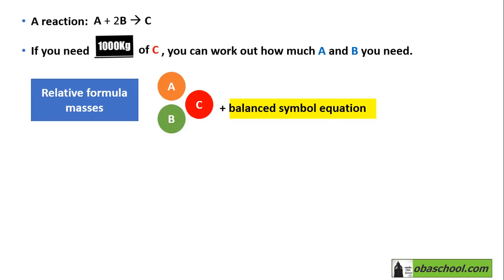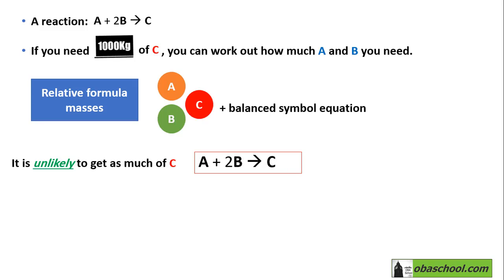If you carry out the reaction, it is unlikely you will get as much of C as you worked out. So, it is unlikely to get the amount of C that you actually calculated. Yes, you can do calculations, but it's impossible to get 100% of the amount you assumed by calculation.